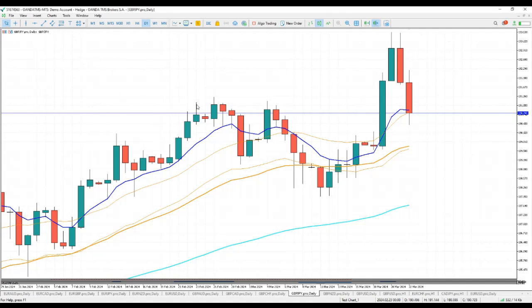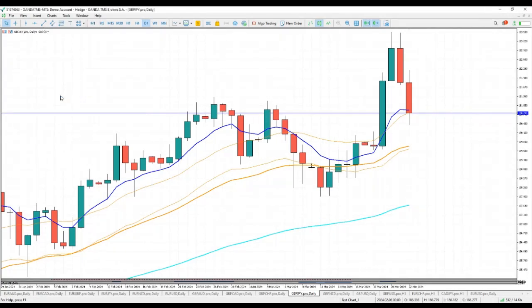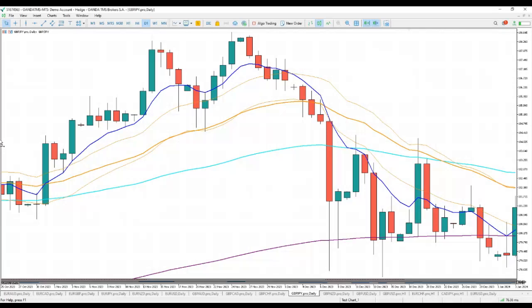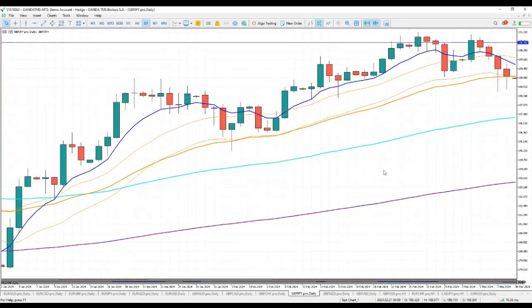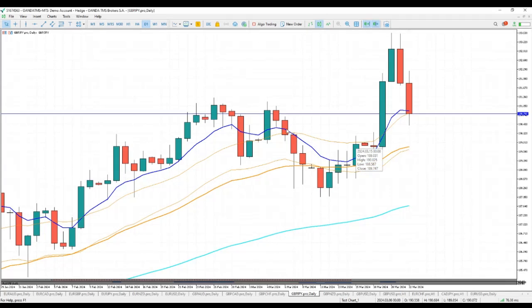Now, what we've got to do next before we can start to put the chart back is we need to take off the auto scroll, because if we leave it on and it's when the markets are open, what's basically going to happen is you're going to pull it back here, and all of a sudden it's just going to shoot. The market's closed at the minute, as I'm recording this video, but it's basically just going to keep shooting back to that particular position.